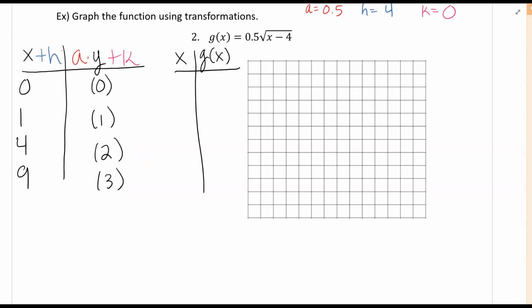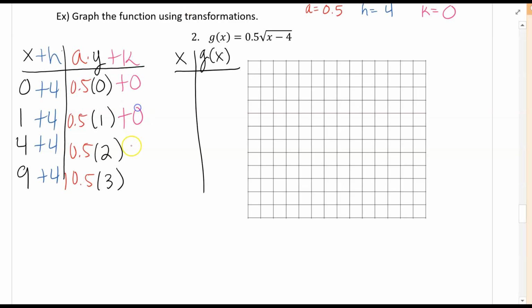Good. So we're going to add H, which is 4, and then multiply by A, which is 0.5. Multiplying by 0.5 is the same thing as dividing by a half. And then my K is 0.